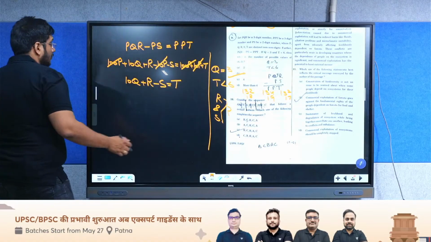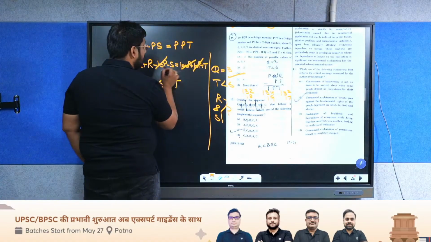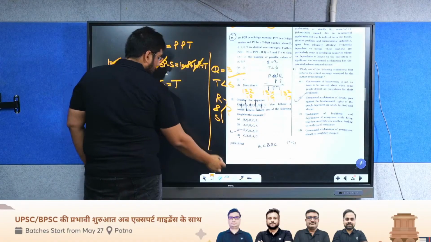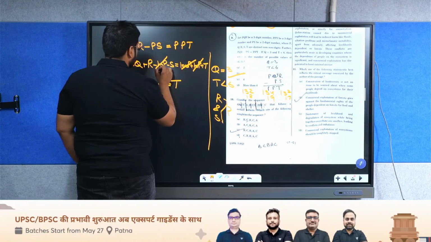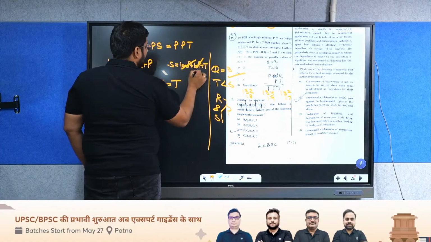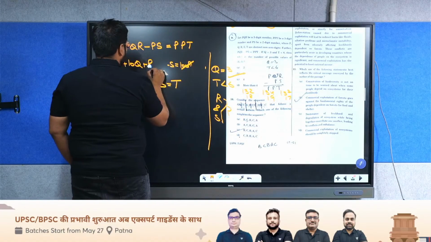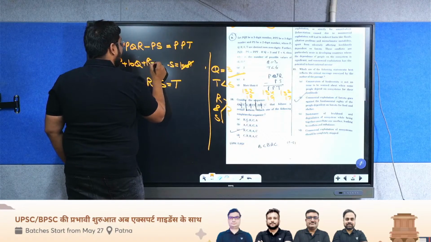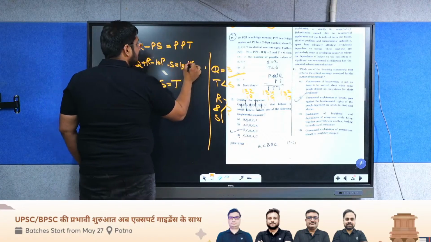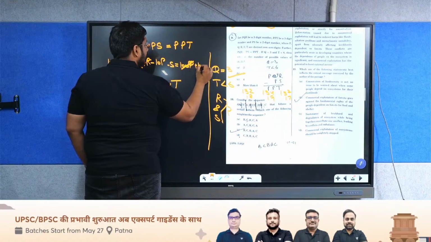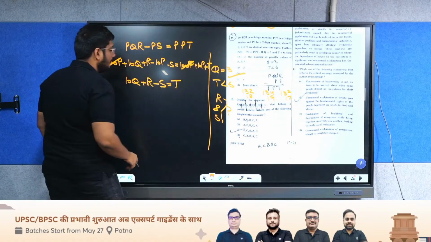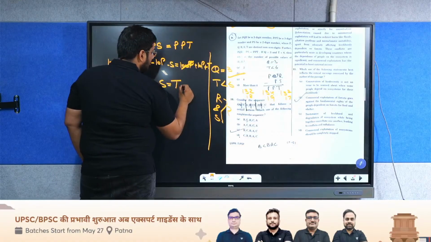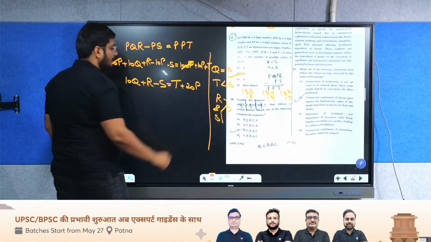Guys, one small mistake I've made. Minus 10P will turn out to be 20P, not cancel out. So 10Q plus R minus 10P minus S is equal to 100P plus 10P plus T. This would be T plus 20P.